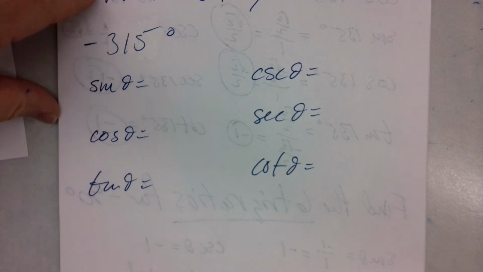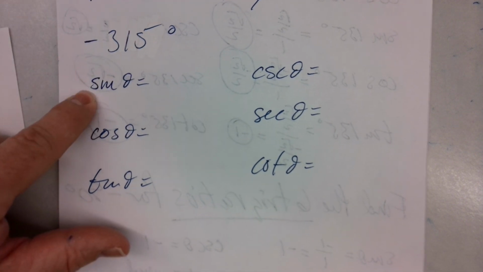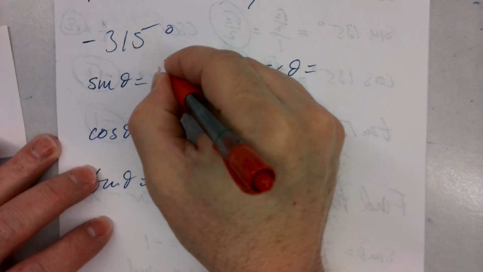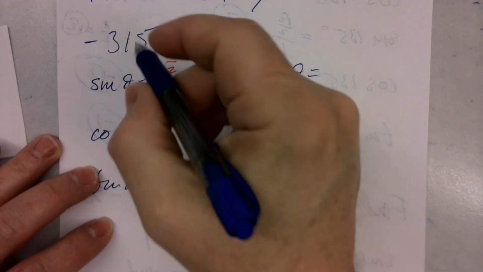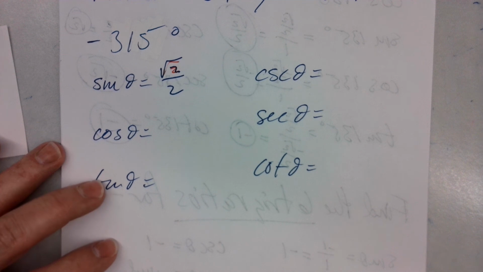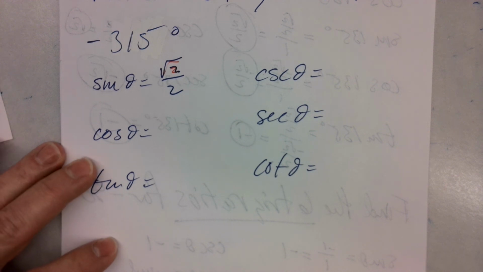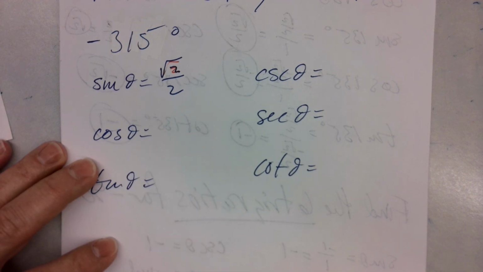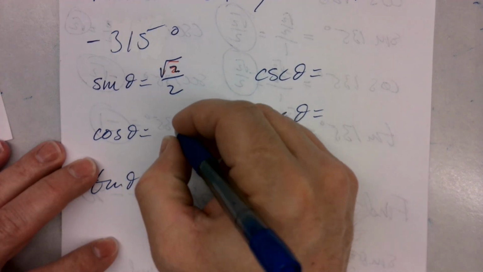Let's go. So, Charlie, what did you get for the sine of theta? Root 2 over 2. Anybody else get root 2 over 2? It's negative 2 over 2. Okay, so what number were you? 5. Who was 6? What do you got for the cosine of theta?